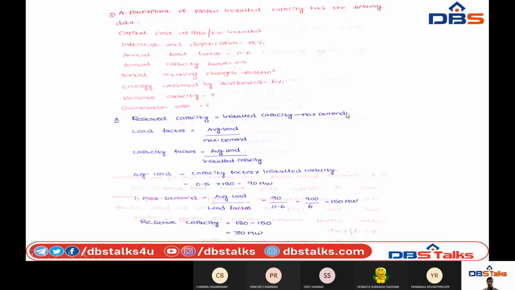Which relations help us find the maximum demand? We know the relation: load factor equals average load by maximum demand. And average load is the annual average load by 365 into 24 hours.